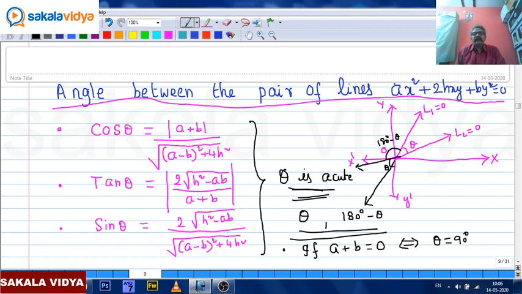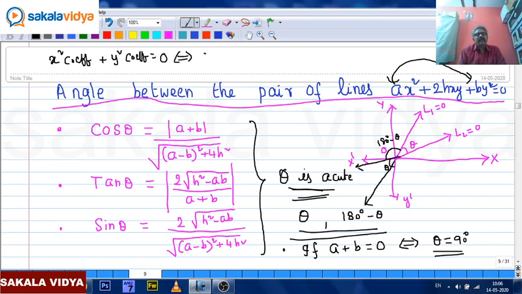For example, if the sum of the x square coefficient and the y square coefficient is equal to 0, then we say that theta is equal to 90 degrees. Then we can say that if and only if a plus b is 0, theta is equal to 90 degrees. This you remember.